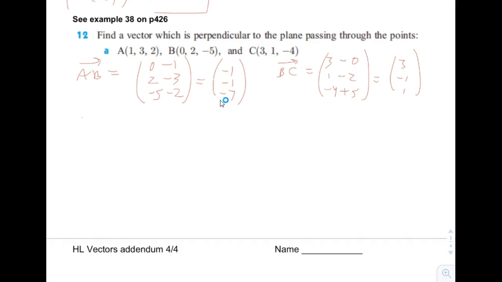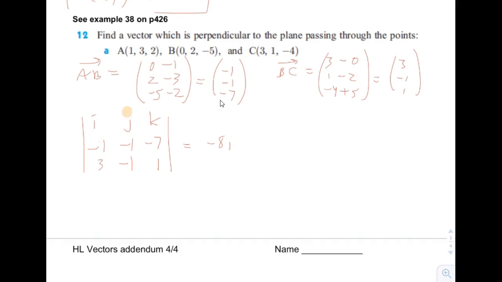So let's do that. We're going to do the determinant again. Can you see that this is like my favorite method? You can use any method you want, but for some reason I like this one. Okay, so first I'm going to cover that up, and then I'm going to end up with negative 1 minus 7, which is negative 8i.